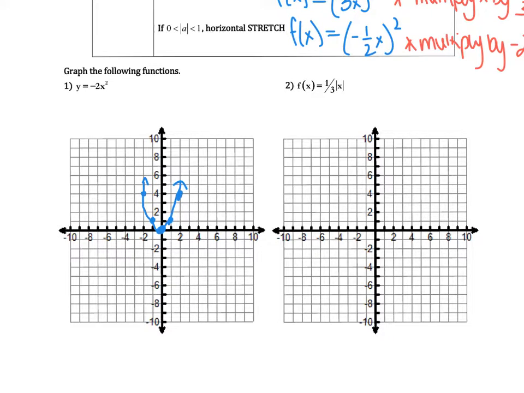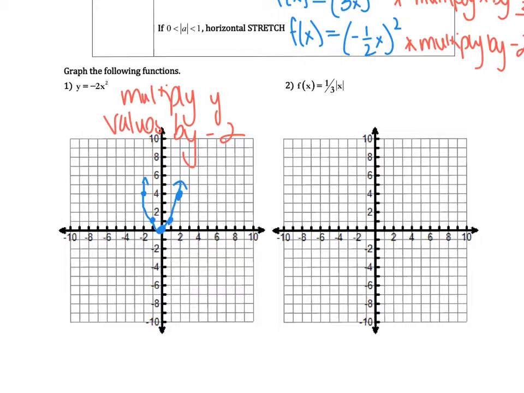So we're going to multiply all the y values by -2. So either you can make an XY chart again and plug in values, or you can take each y value and multiply it by -2.